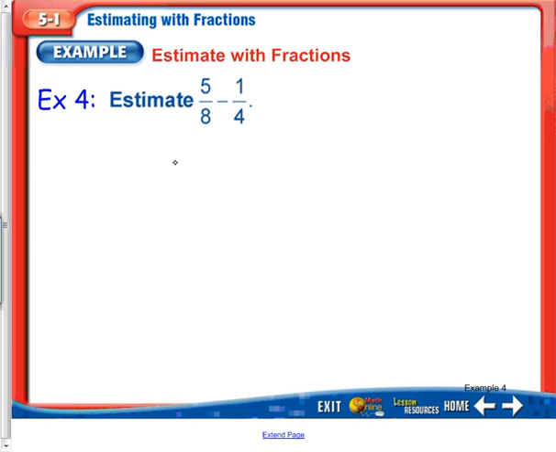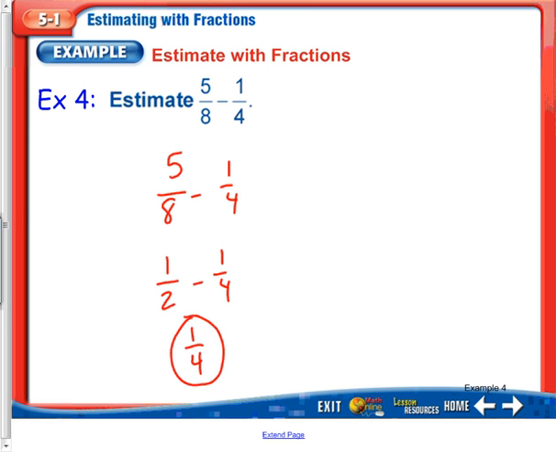Okay, again, estimate. So we'll copy that down: 5/8 minus 1/4. Possibly what you can notice here is 5/8 is really close to a half. So you could say 1/2 minus 1/4. And if you think of a half as 50 cents and you think of a fourth as a quarter, you'll be left with a quarter.